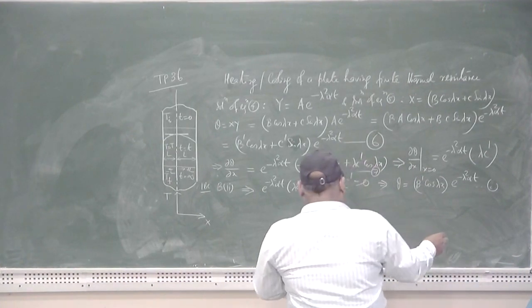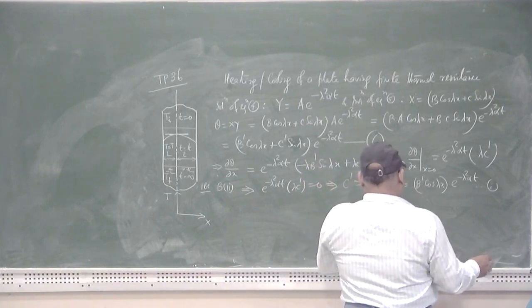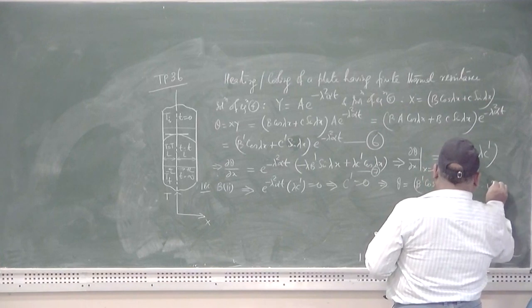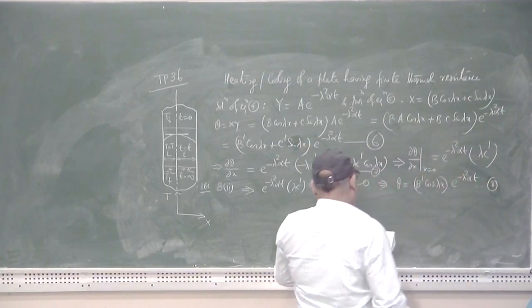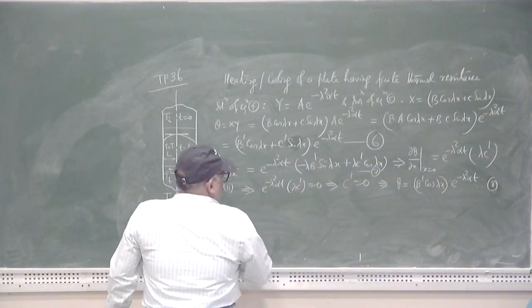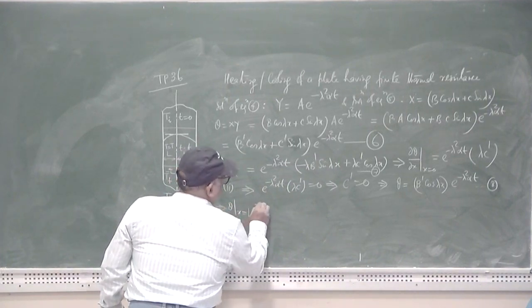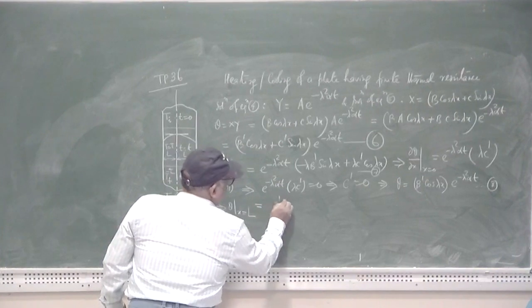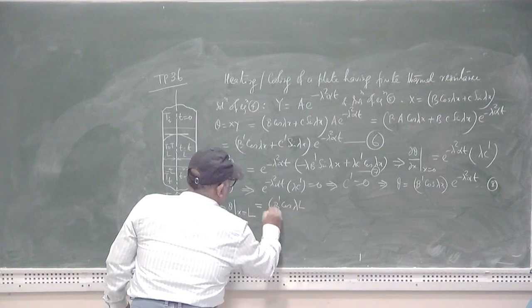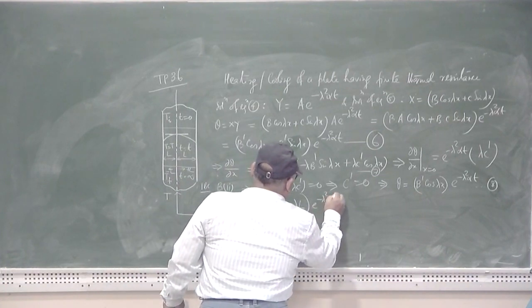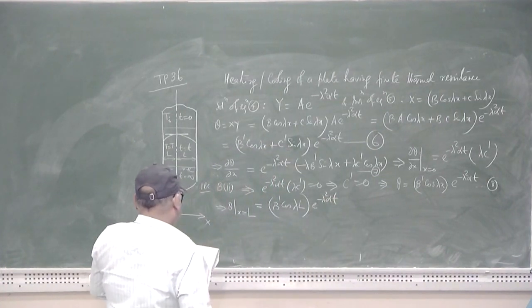So let it be equation number 8 now. Theta at x equal to L is equal to b dash cos lambda L into e to the power minus lambda square alpha t.